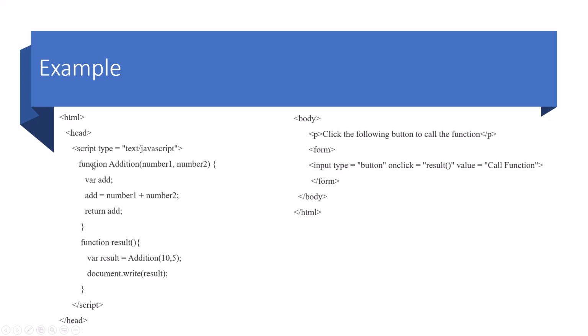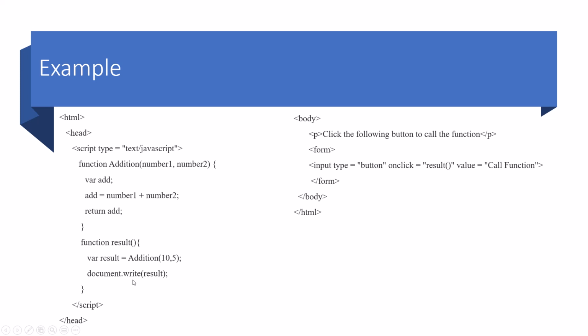Next is an example. I have given a simple example where I have used two functions: one is addition and the other one is result. In the addition function, I have taken two parameters, number one and number two, added them, stored the sum in the add variable, and returned its value. This value is then used in the result function, where I store the return value in the result variable and return the result.